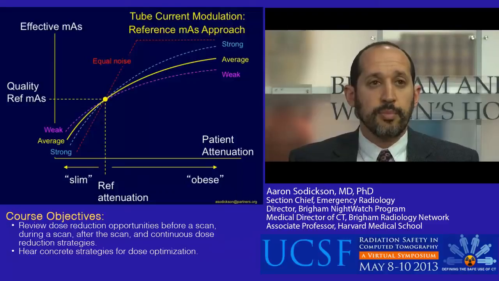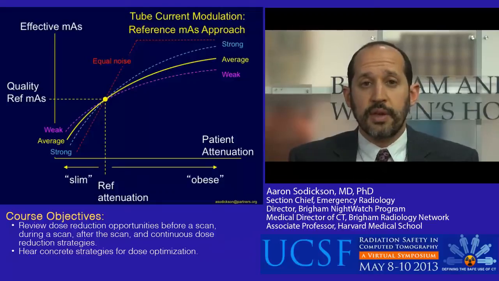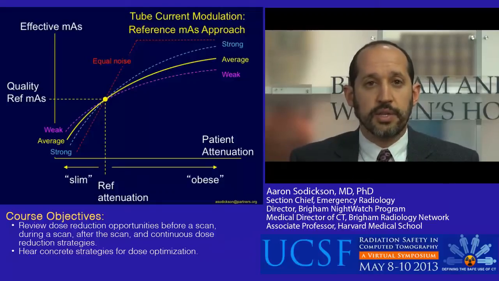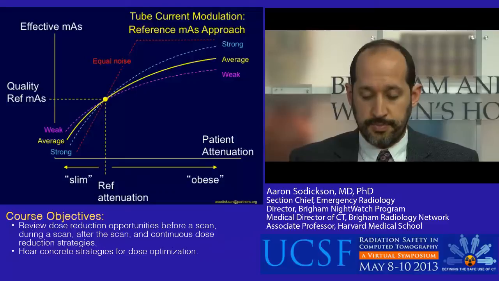Now you can see that compared with the equal noise approach, we actually fall off that curve. We're allowing, in this technique, more image noise in our larger patients because we have fat surrounding our internal organs to help us. Whereas for slim, smaller patients, we produce images with higher quality, correspondingly somewhat higher radiation exposure than we would with the equal noise approach.